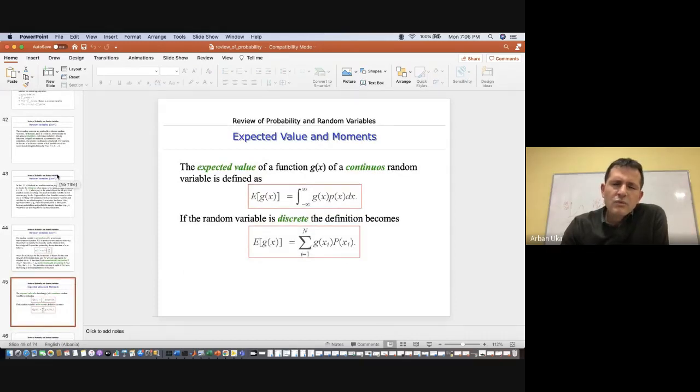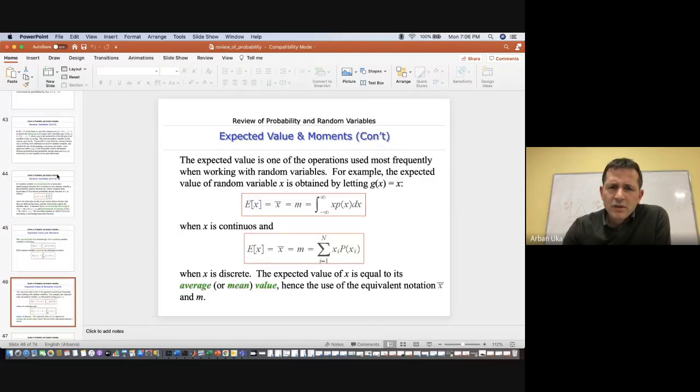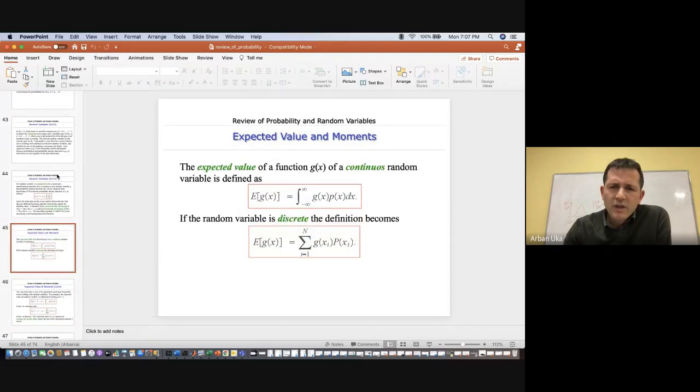The moments are the most important concepts that we can analyze in statistics. If we have a distribution, then the first quantity that we may want to obtain is the average or the expected value.